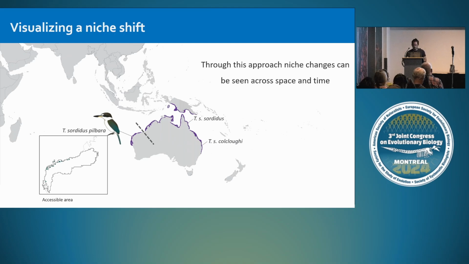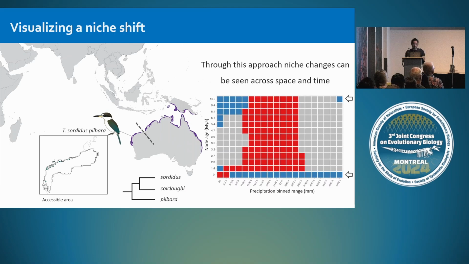What I want to show you is that the history of the niche range can be shown in this kind of plot, and basically each row is a node that takes you to Pilbara, and you see massive conservatism until 1.4 million years ago when it split and showed that niche shift.